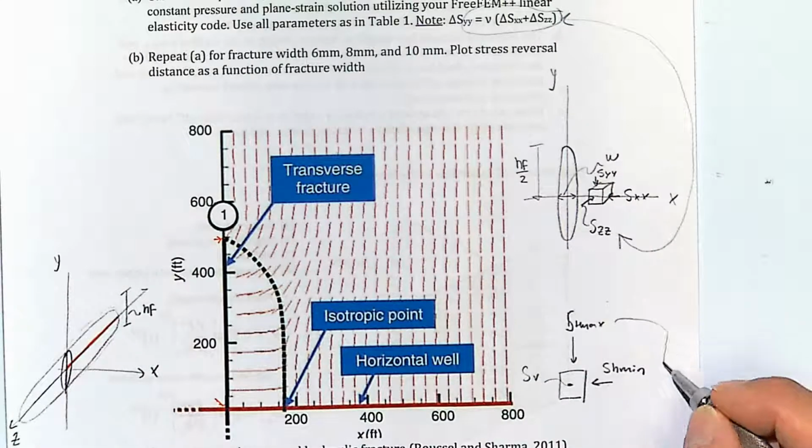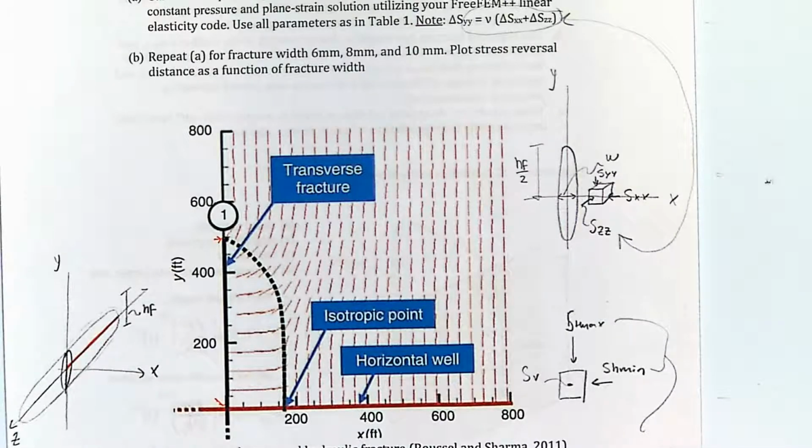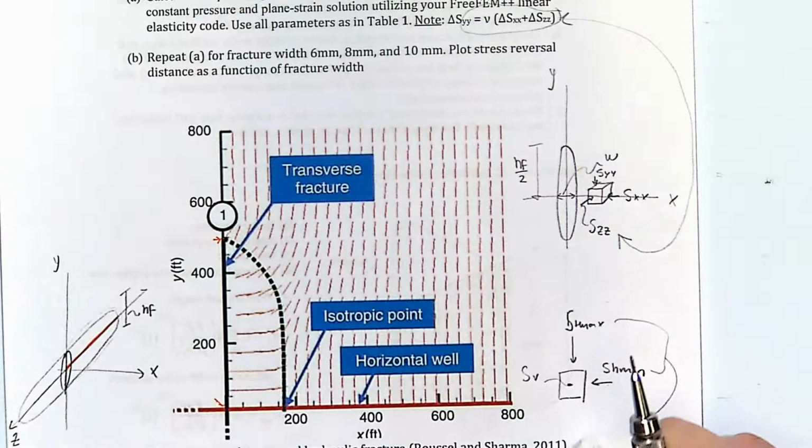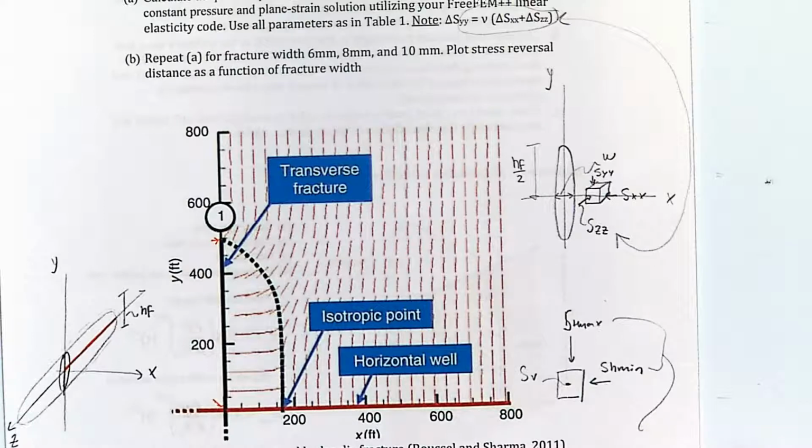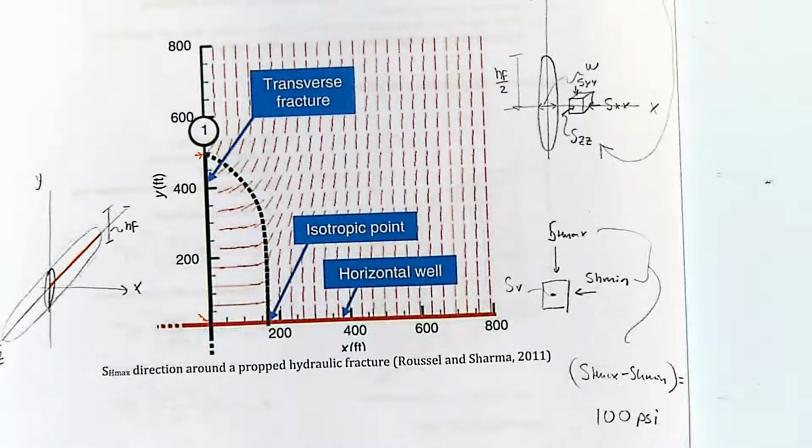I don't remember well the actual numbers, but the difference between SH max and SH min in this example is 100 psi. That means that if you had a net pressure in your fracture higher than 100 psi, your minimum principal stress might not be your minimum principal stress anymore, because now it's 100 psi higher than what it was before.